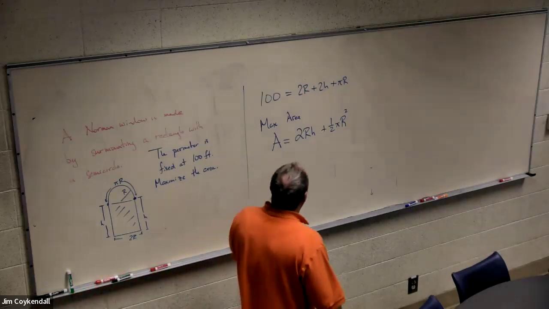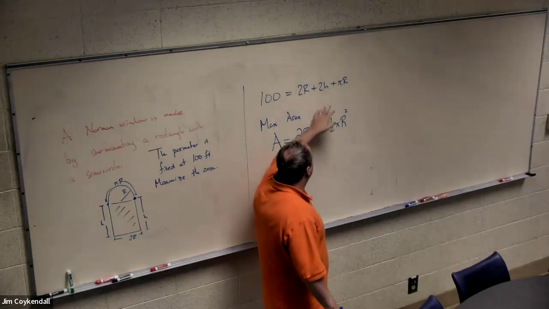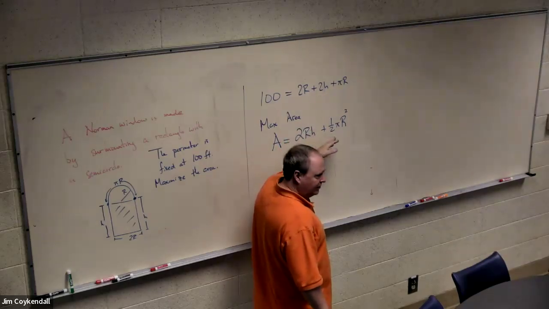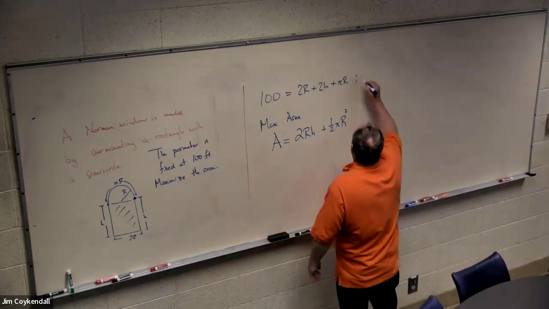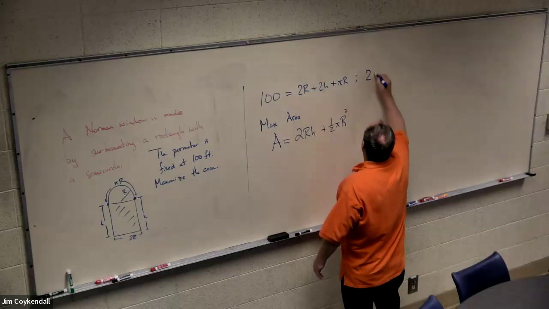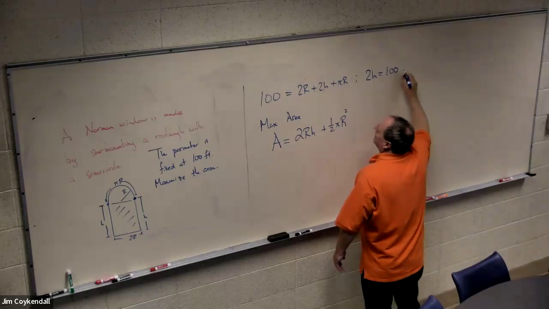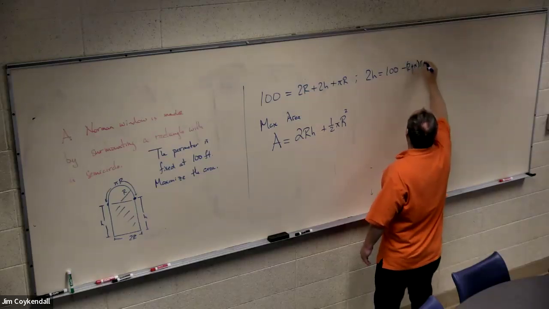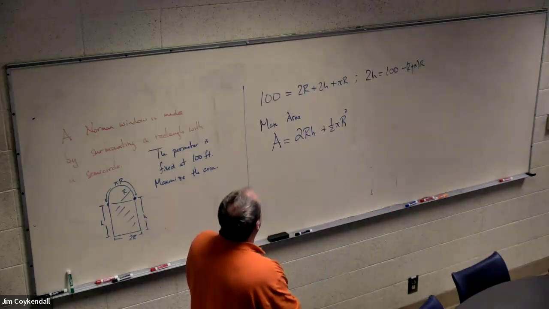Okay, we've got our usual problem, too many variables. I don't know about you guys, but I'd rather solve for H. That's easier to solve the problem. So let's try. 2H is 100 minus 2R minus pi R. There we go.